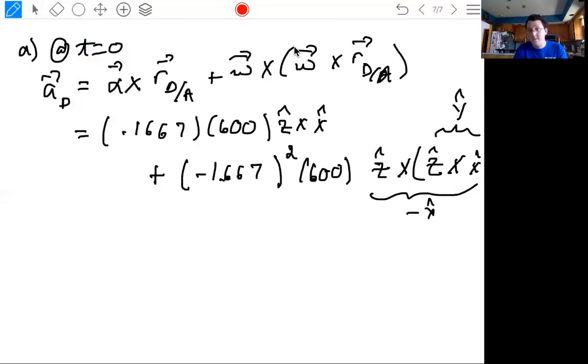This is good because the centripetal acceleration goes towards the center of wheel A, so that's in the right direction. You multiply all those out. Oh, and this piece is nothing other than a y hat.